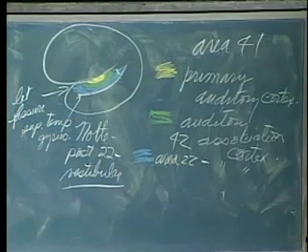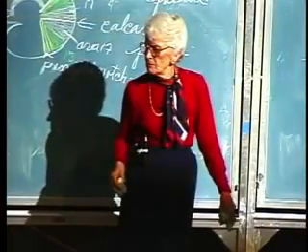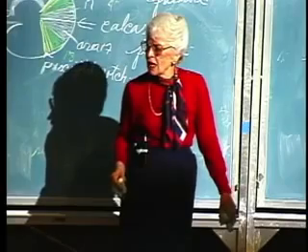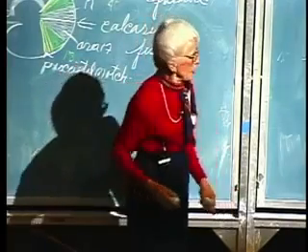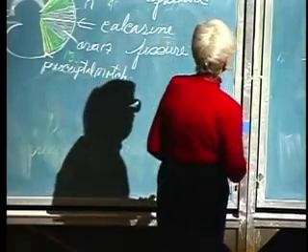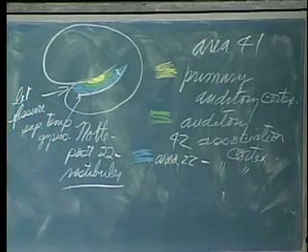Now another area in this region is called Wernicke's area. What's Wernicke's area for? What part of it? Word understanding versus motor, like Broca's. So we're going to put in Wernicke's area, but I'm putting it in with a question mark because of more recent research.